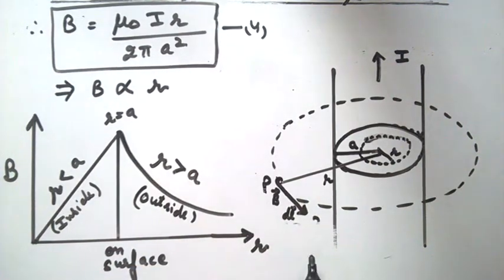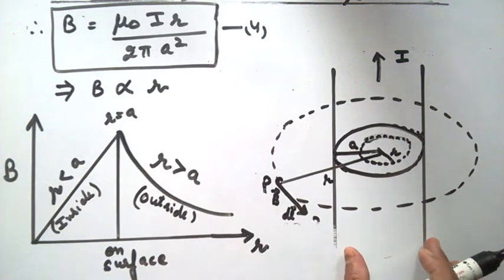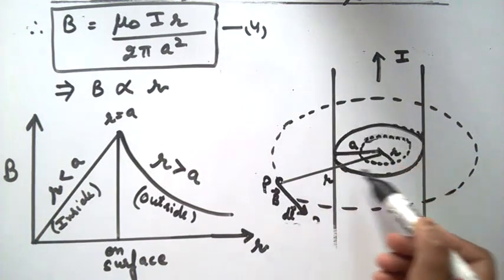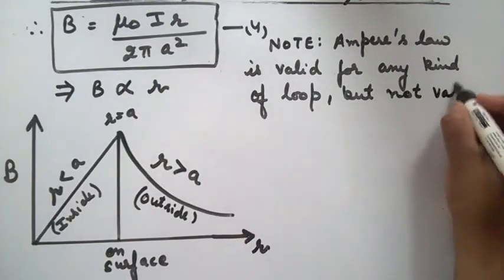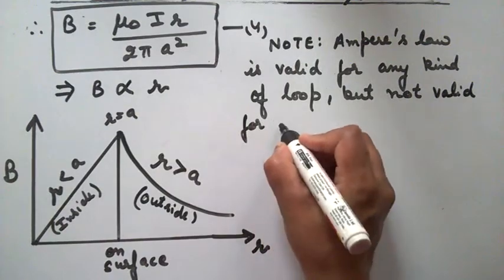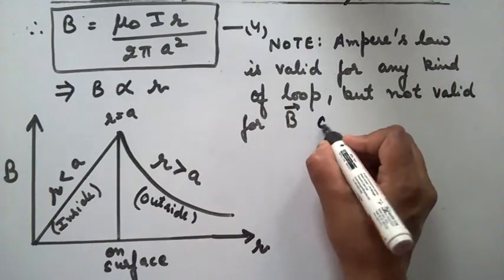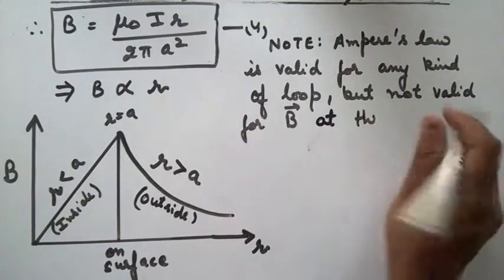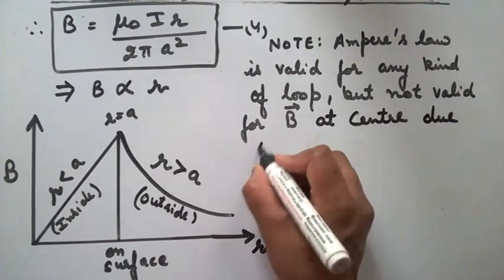Now we have calculated the value of magnetic field for an infinite length wire. Thus, we conclude that Ampere's circuital law is applicable for any kind of loop, but not valid for finding the value of magnetic field at center due to a circular loop.